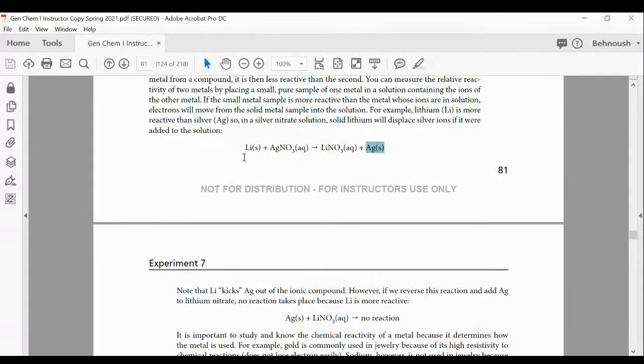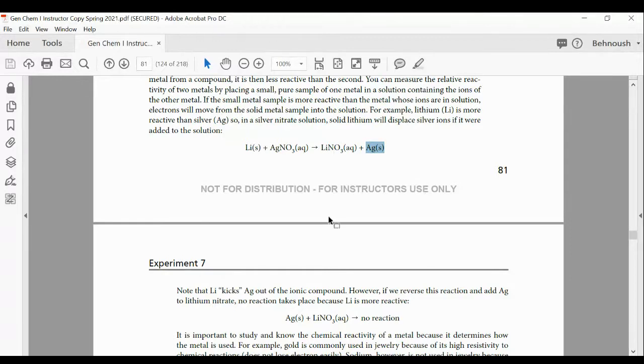But lithium, in its elemental or free state on the reactant side, has a charge of zero, but after losing electron, it becomes lithium ion, Li+, and then you would have lithium nitrate.